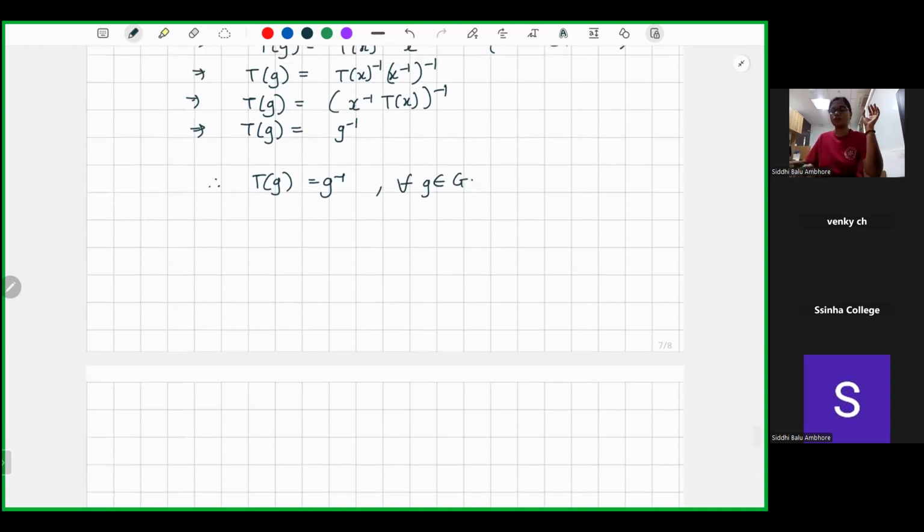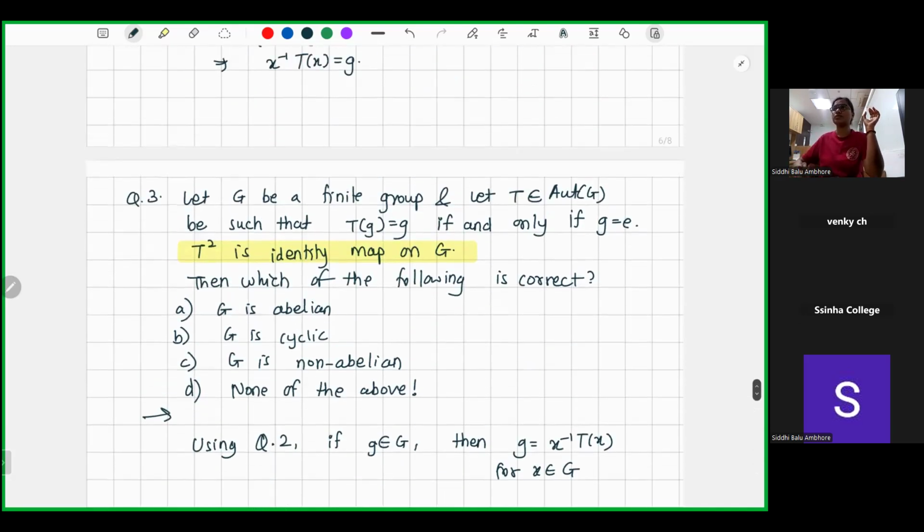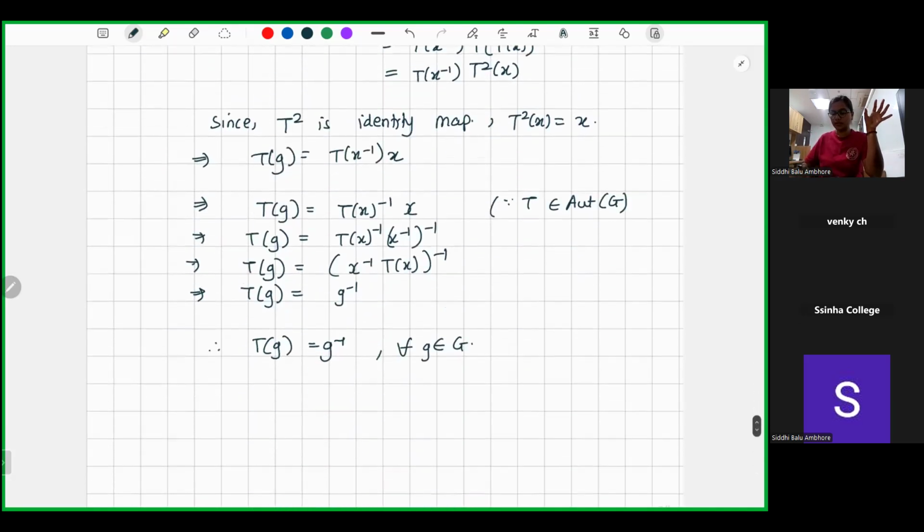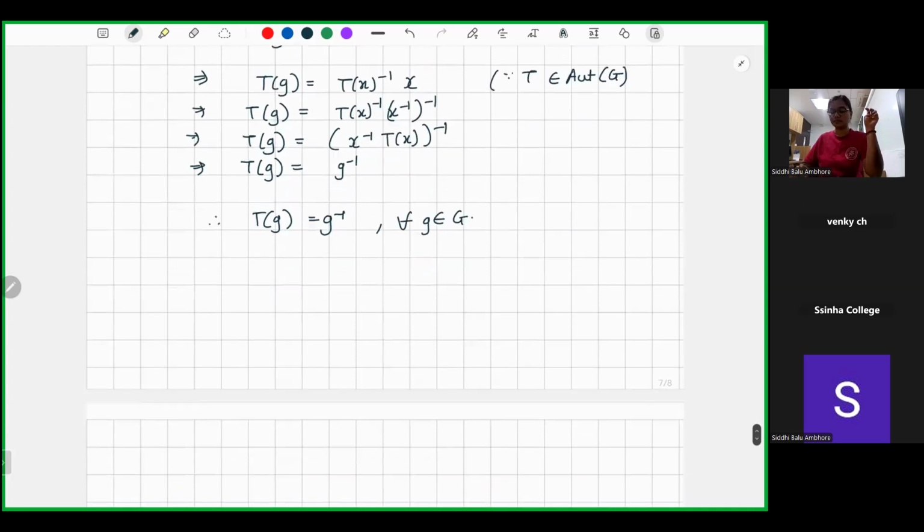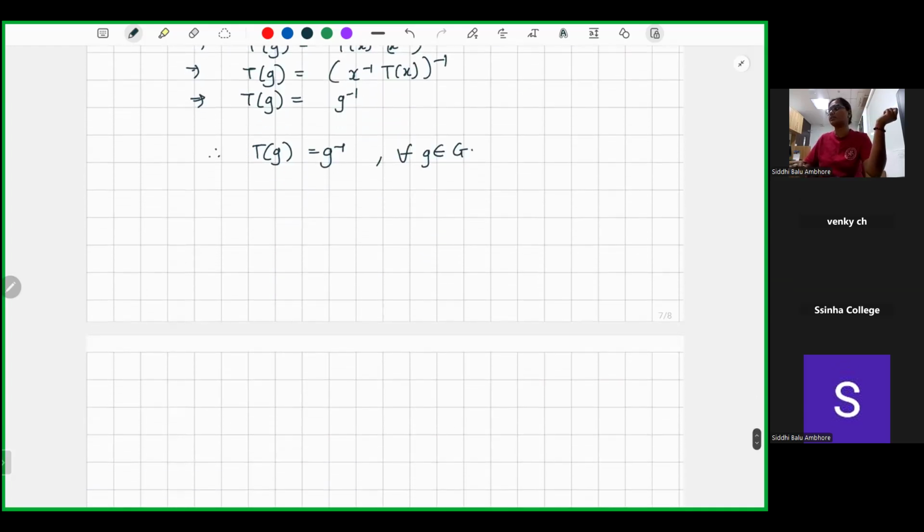So now, using all the information which we have so far, we obtained that T of g is g inverse. That's it. And what can we say after this about G? Since T is like this, for all a, b in G, T of ab is equal to T of a, T of b, right? And this is a inverse, b inverse.